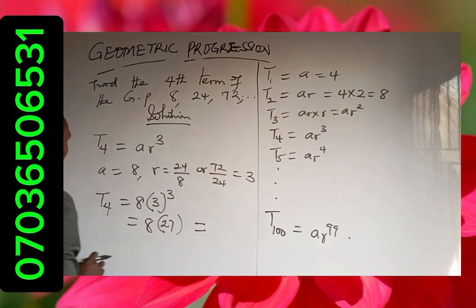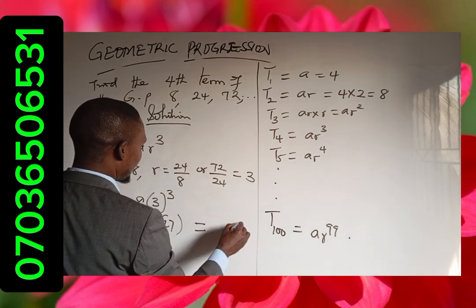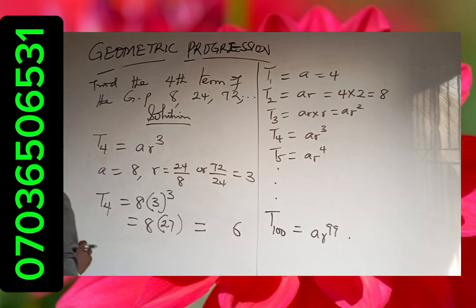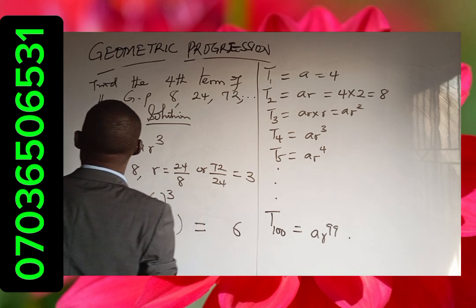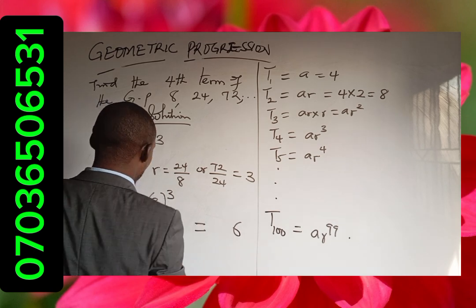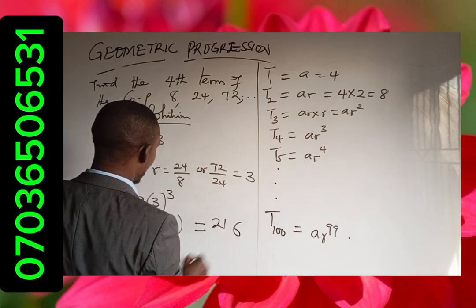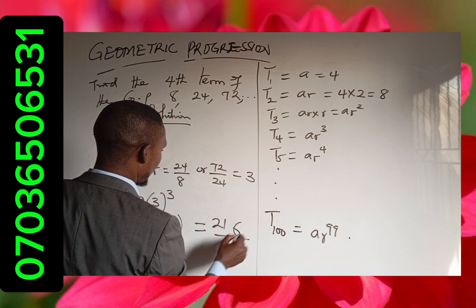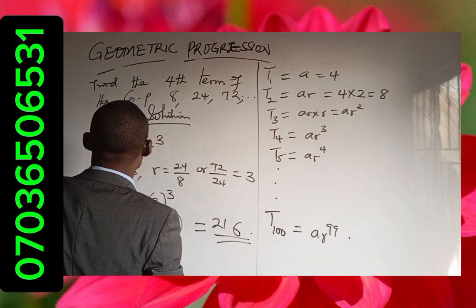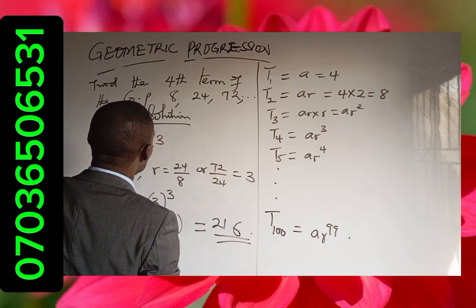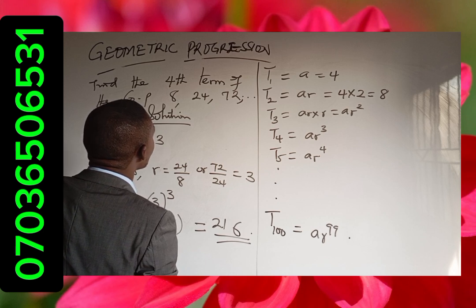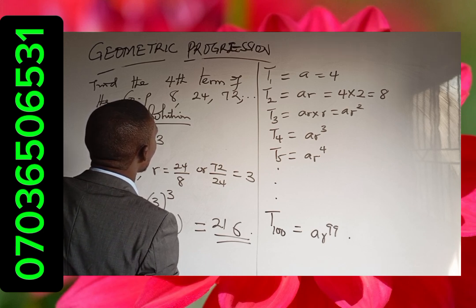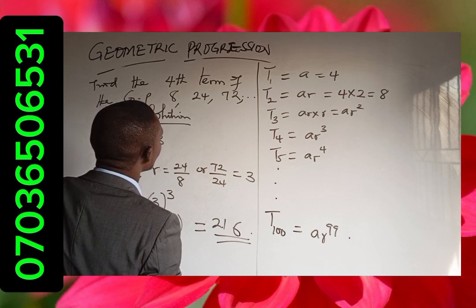8 times 27: 7 times 8 is 56, write 6, carry 5. 2 times 8 is 16, plus 5 will give us 21. That is 216. Hope we are correct. Yes, we are very correct.